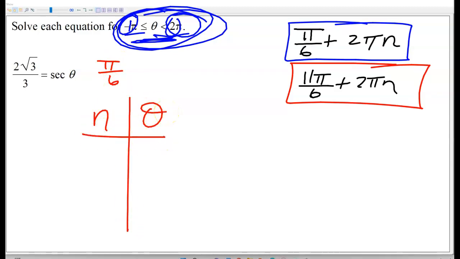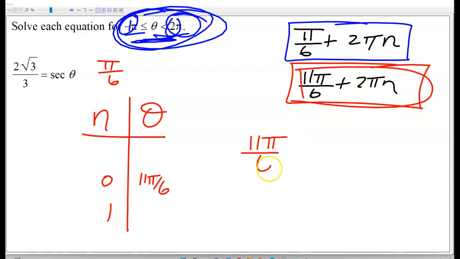So let's go ahead and plug in, of course, 0, which is 11 pi over 6. Now if I plug in 1 to this equation here, I already know it's going to go past 2 pi because here's 2 pi and I'm adding more to it, so we're not going to do that.